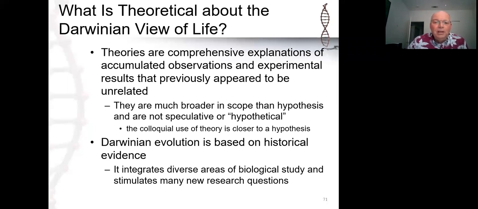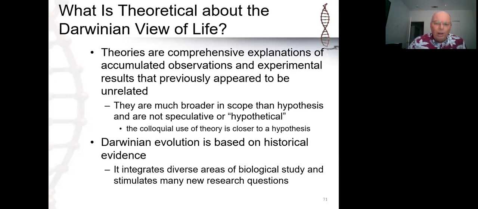If you are using the term theory as it is defined in science, and if you look up the term theory in a dictionary, you'll find both definitions, then the term theory in science is very much an appropriate term for evolution, because it is an overarching explanation of a whole lot of observations, which is what we define a theory to be.